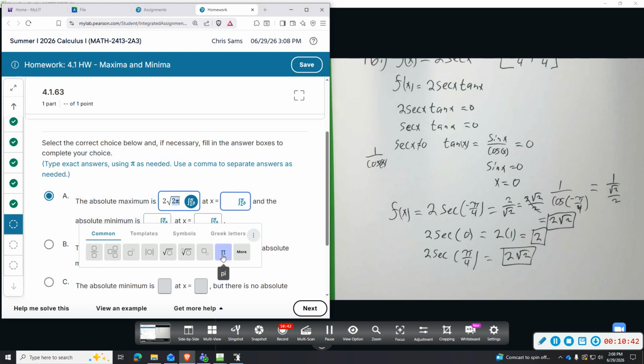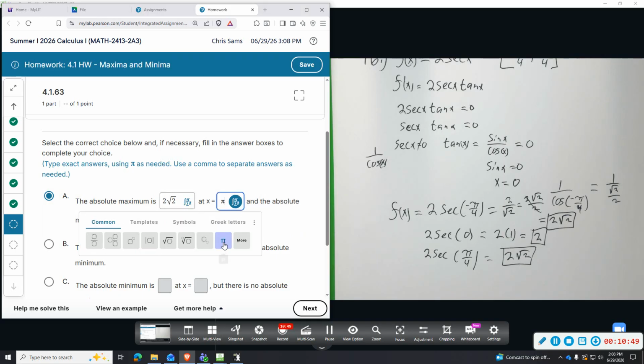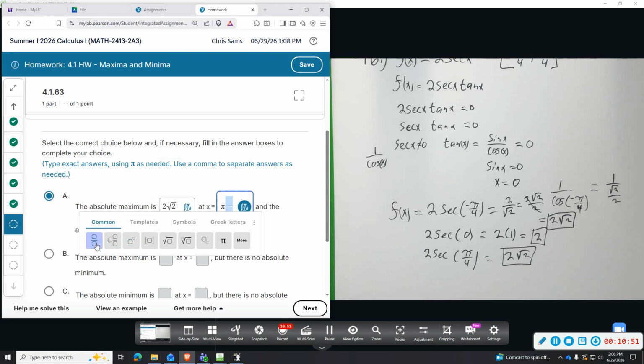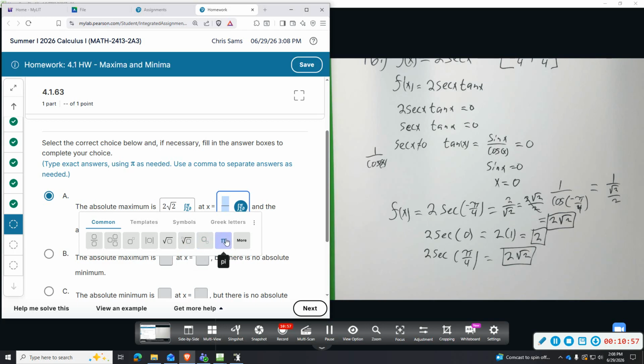It occurs at x. Okay, there we go. At negative pi over 4 and positive pi over 4.